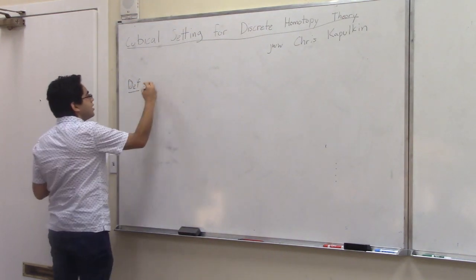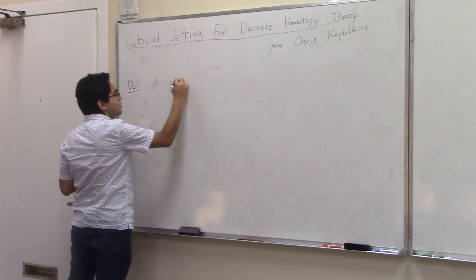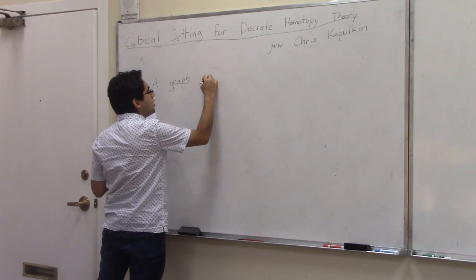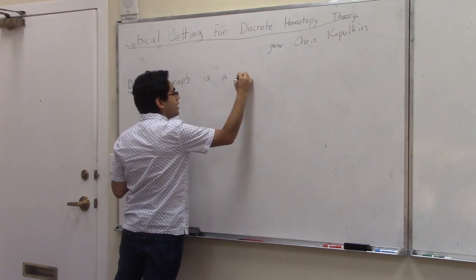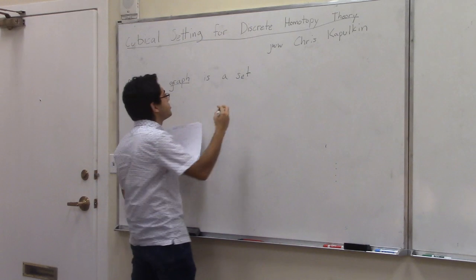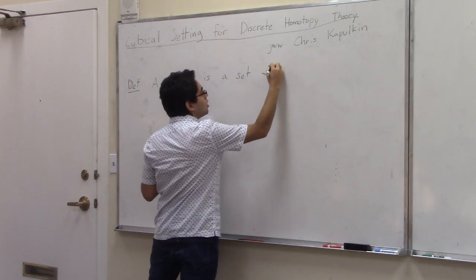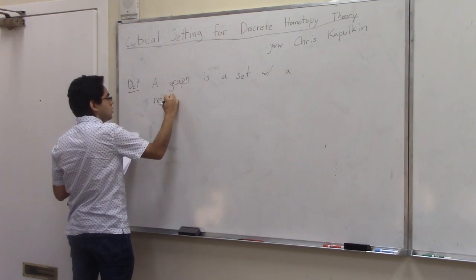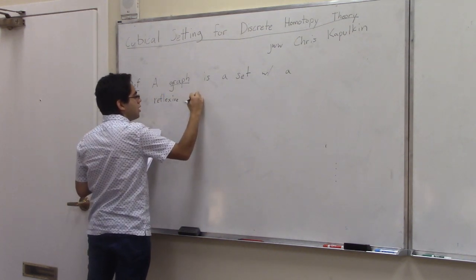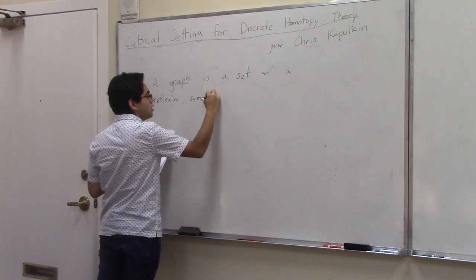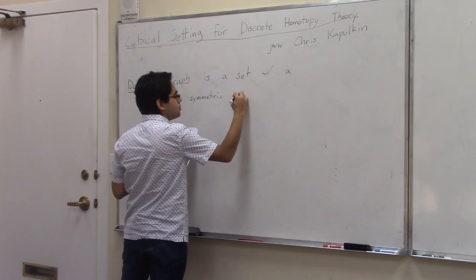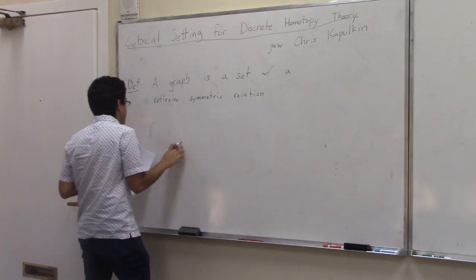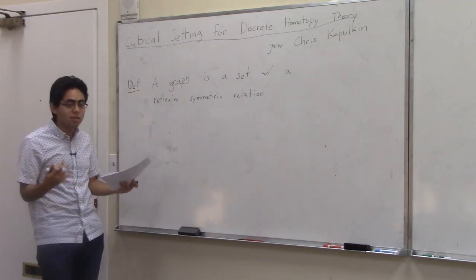So first of all, what is a graph for me? For me today, a graph is going to be just a set with a reflexive symmetric relation. It's going to be useful to have drawings of graphs.